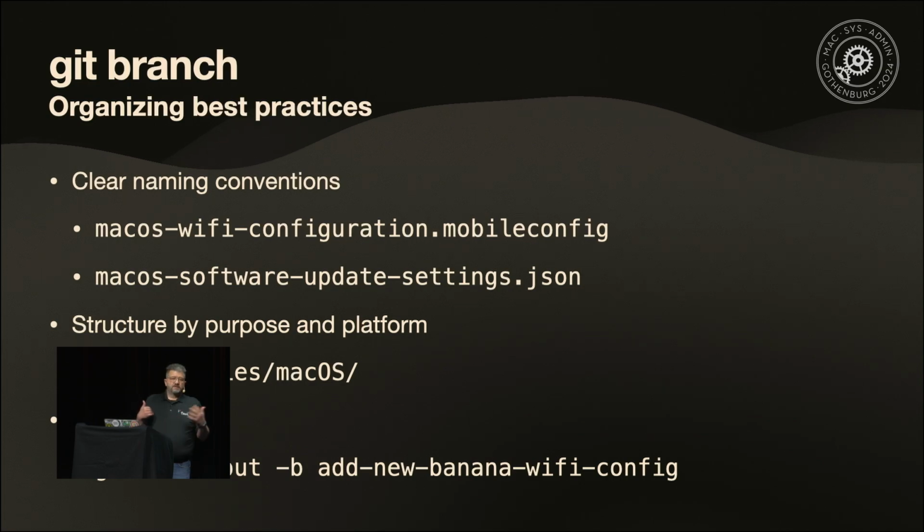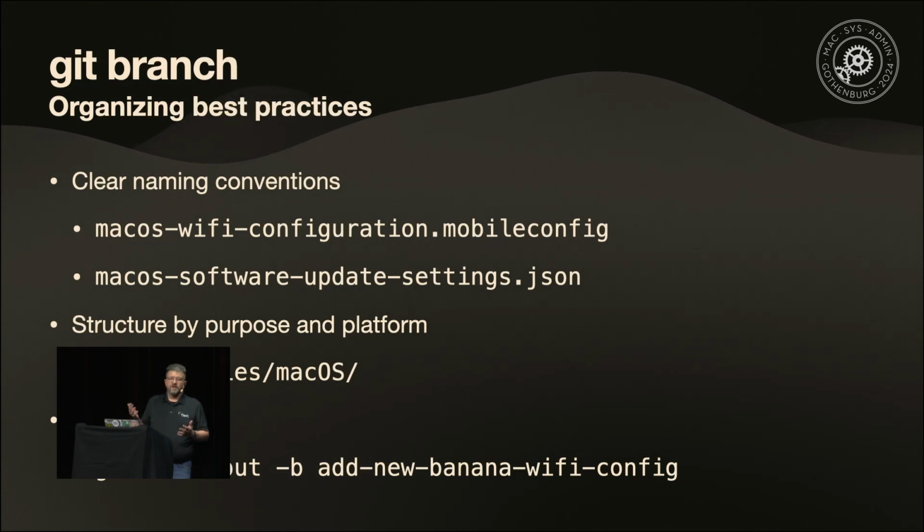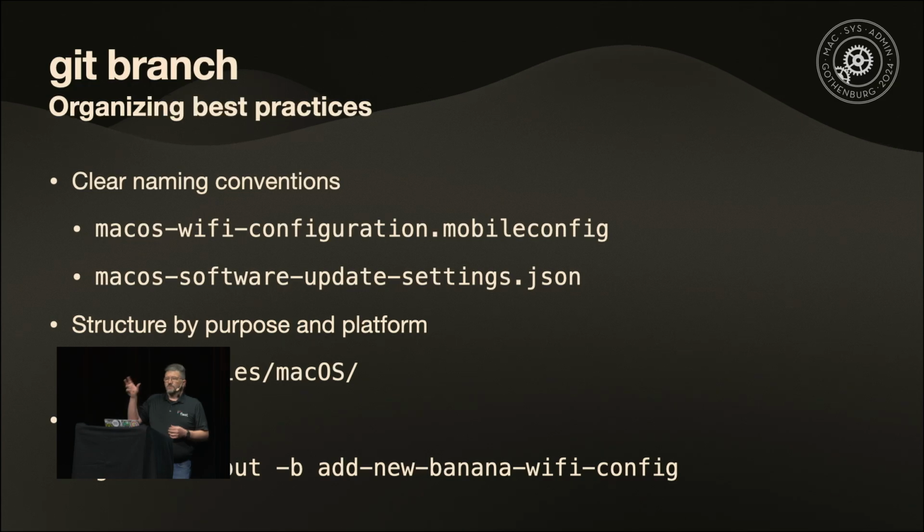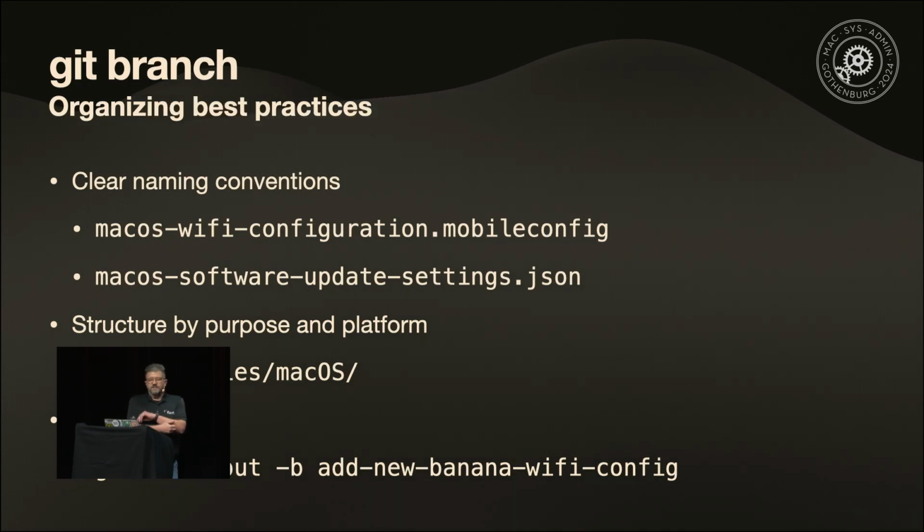Because Fleet tends to be not just Mac, but Mac, Windows, Linux, and Chromebooks, I preface everything that I'm doing with macOS, mostly because alpha sorting just floats all of those together for me. And then an actual good solid name of what I'm configuring, so in this case, Wi-Fi configuration or software update settings. I like to organize these in folders as well, which helps with grouping and things like that.